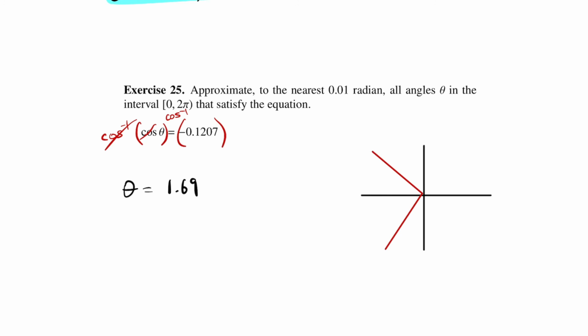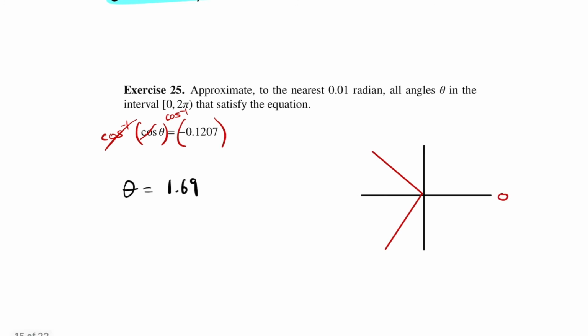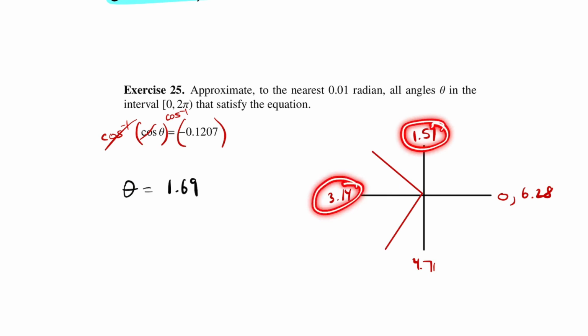Pi over 2 is approximately, if you do pi over 2 on your calculator, that's approximately 1.57 radians. Pi is 3.14 approximately. 3/2 pi is approximately 4.71 if you do that on your calculator. And then 2 pi is 6.28 approximately. So this answer that we got from our calculator is in quadrant 2 because it's between these 2 values. So this is our 1.69.